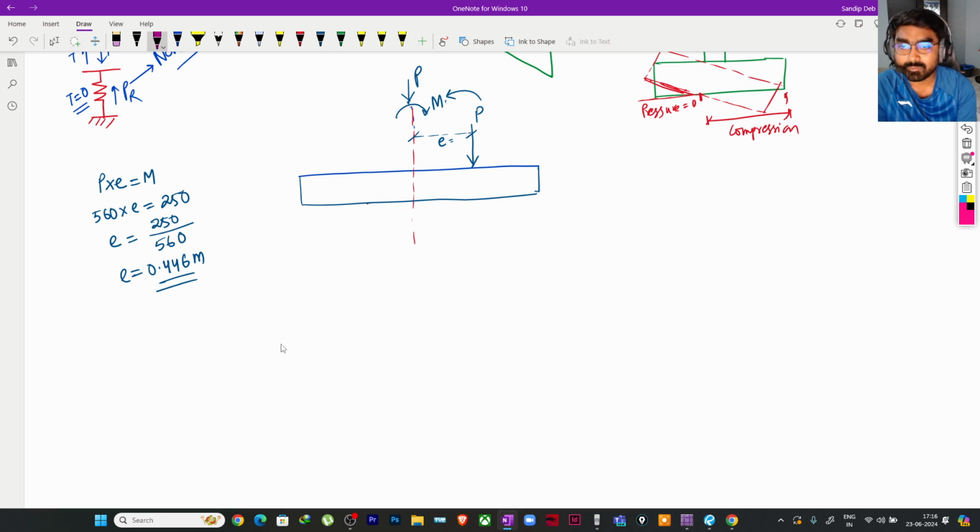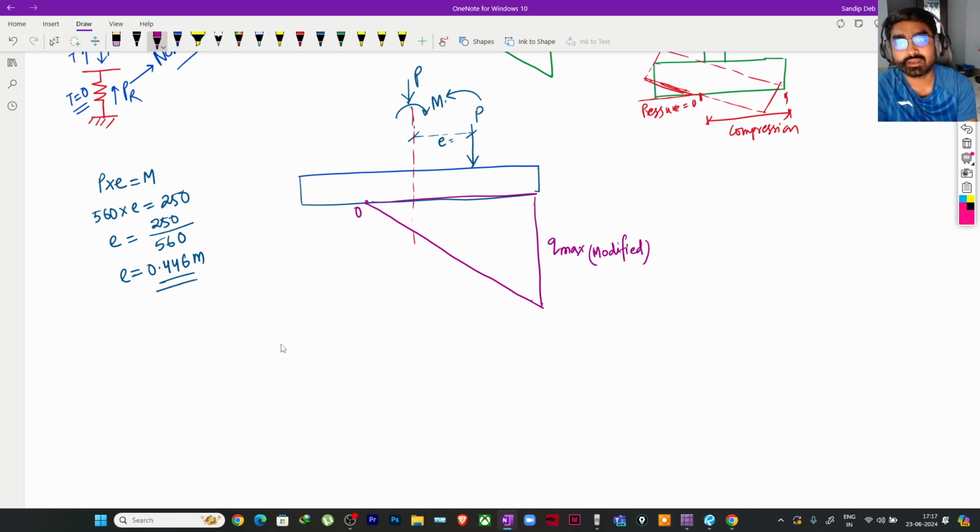See, now our pressure diagram will be something like this. We know there will be no negative pressure, and this is the point where the pressure will become 0, and this is the point where we will get the maximum pressure, which is modified. Due to the uplift there will be an increase in the pressure, correct? So this is my triangle of the pressure, the pressure diagram.